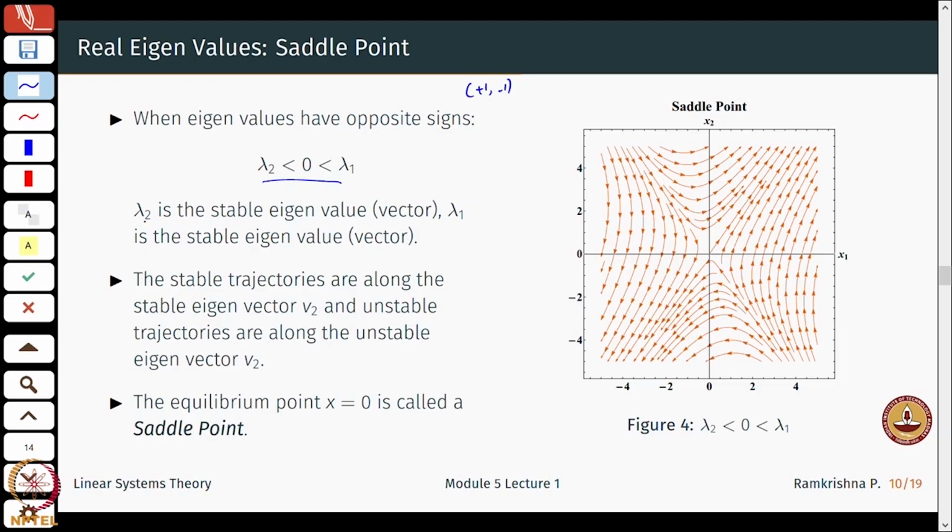We call lambda 2, which is less than 0, the stable eigenvalue, and correspondingly the stable eigenvector, and lambda 1 the unstable eigenvalue and hence the unstable eigenvector. There is a little typo here on the slide.